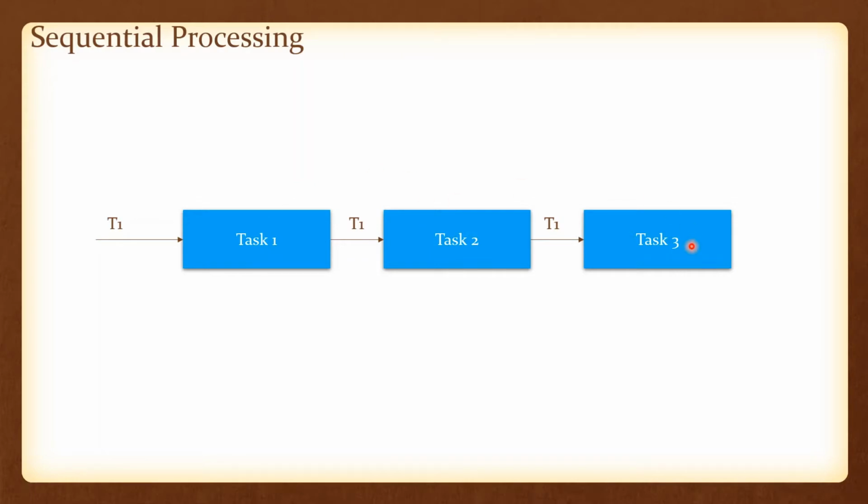But what if we have a scenario where we have a task 4 and task 4 is dependent on the combined output of task 2 and task 3, and task 2 and task 3 are both independent of each other? It's just that task 2 needs the output of task 1 and task 3 also needs the output of task 1.